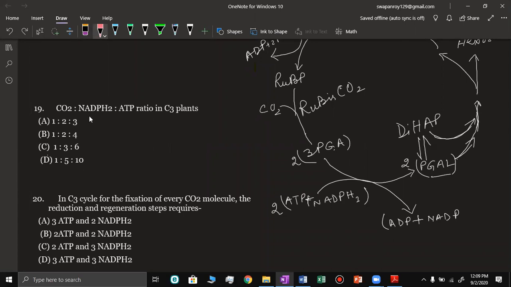For the reduction of carbon dioxide, how many NADPH2 molecules are required and how many ATP molecules are required?